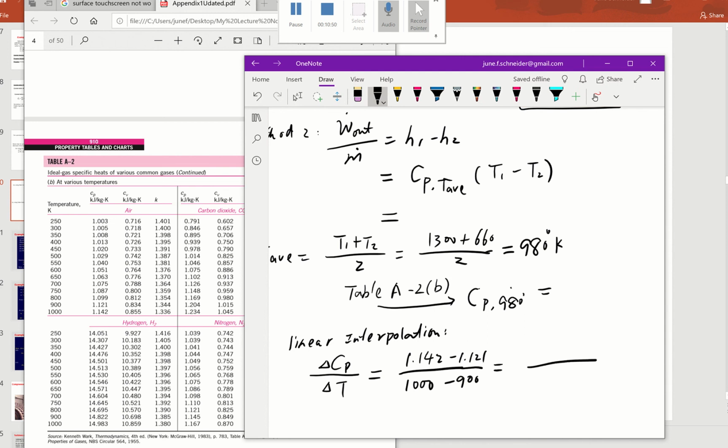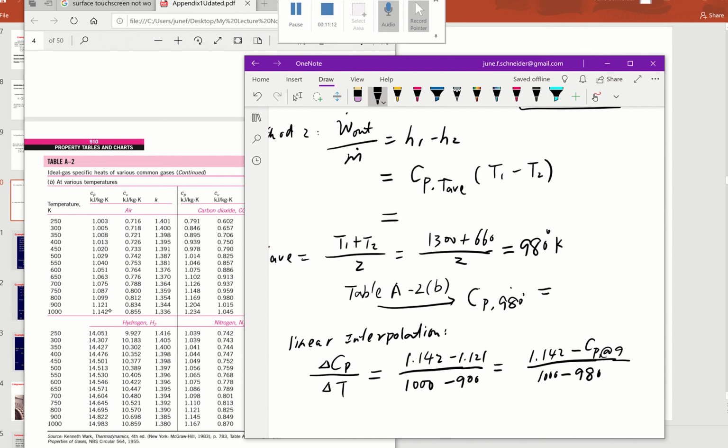That's going to be equal to 1000 minus 980, then we will be using 1.142, and for 980, we do not know this value. That's what we are solving, right?